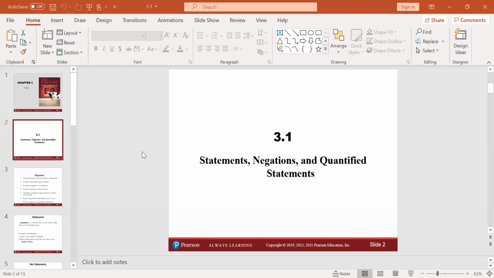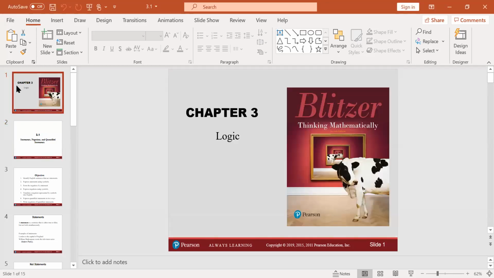So one of the things we are going to talk about now in chapter 3 is logic. That is the entire purpose of chapter 3. And logic is really cool. How do I define logic? Well, you've probably heard of the 3 forms of argument: logos, pathos, and ethos.